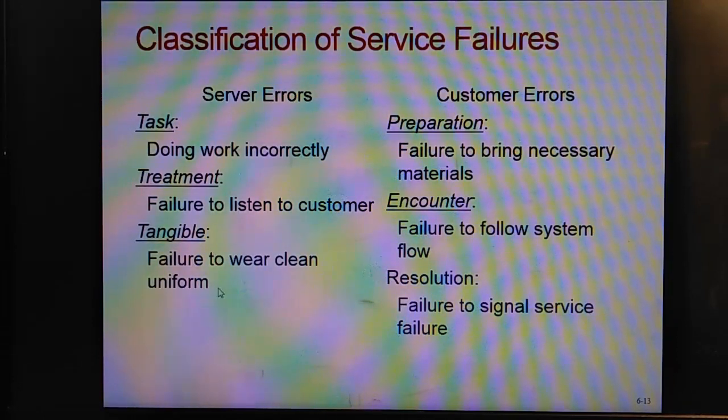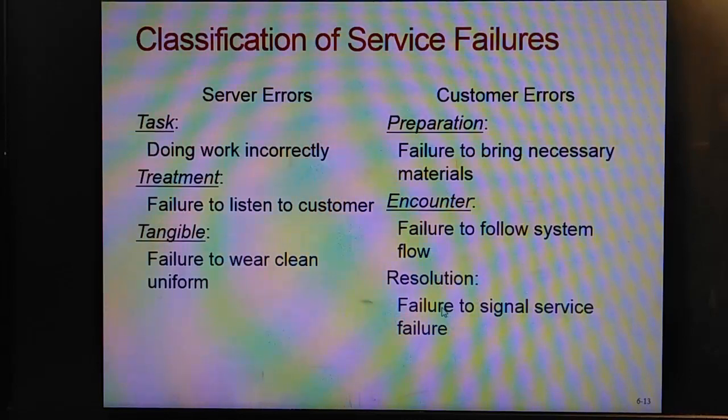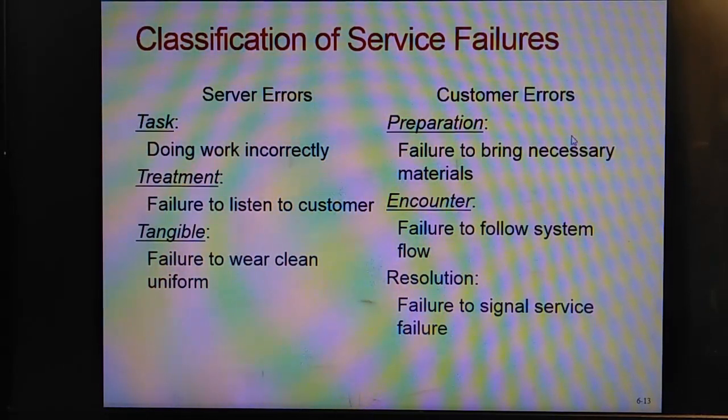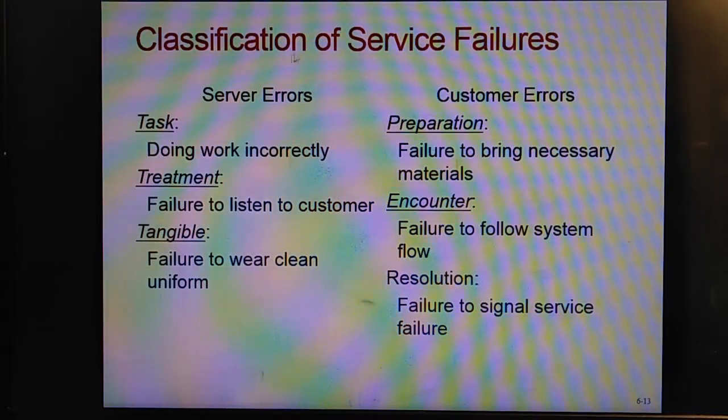In terms of tangibles, the service provider fails to wear a clean uniform, and customer error is also contributed by failure to signal service failure. So these are part of the contribution by the service provider that causes error, and this is part of the customer that experiences the error. This is what they call classification of service error: the service provider and also the service receiver.